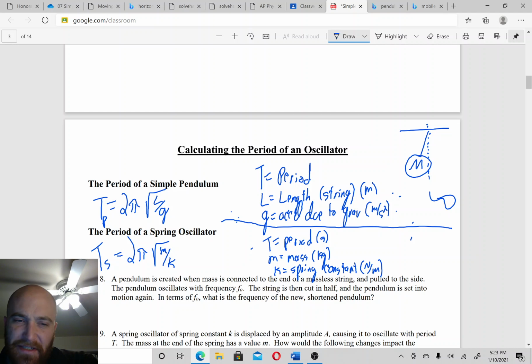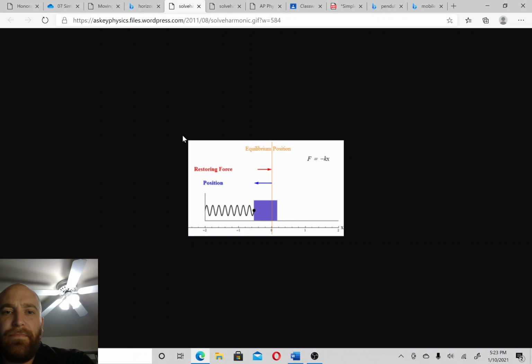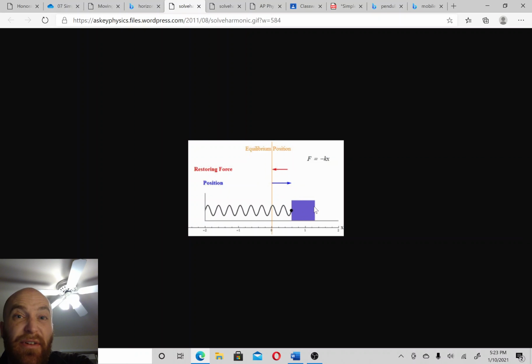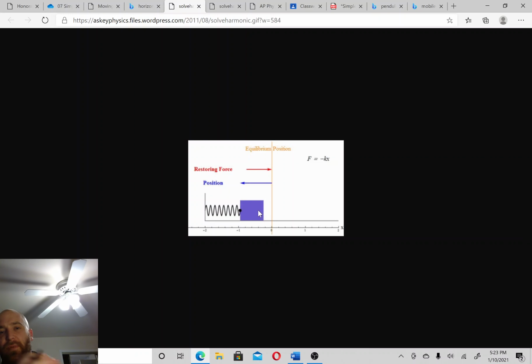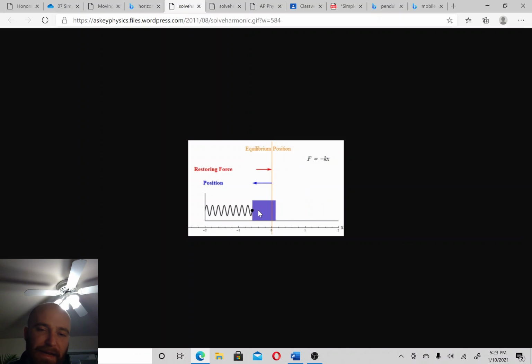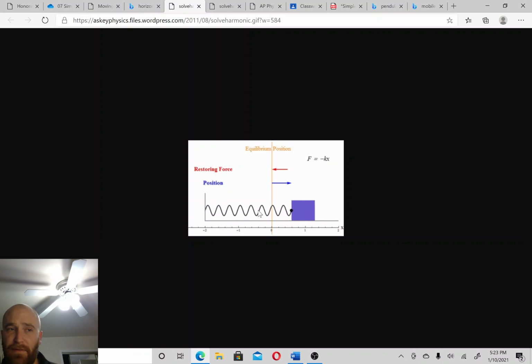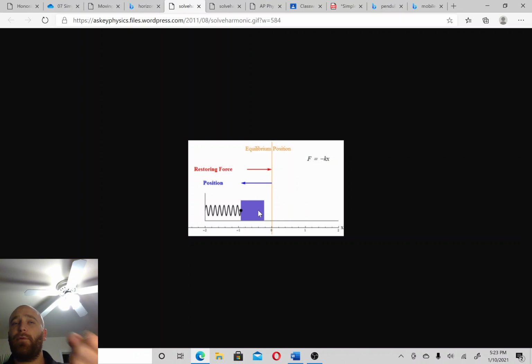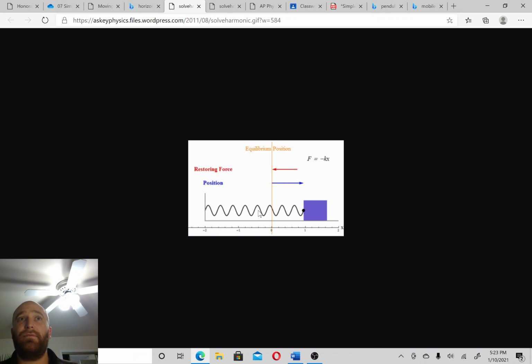Some of this kind of makes sense if you think about it. Like for the mass, imagine that this block was very massive or very heavy. That would be hard to move back and forth. It would be hard to change the direction that it's going in and then pull it all the way back. So mass would make it take longer, right? It's like if I asked you to shake something back and forth, if it had a lot of mass, that would be hard to do.